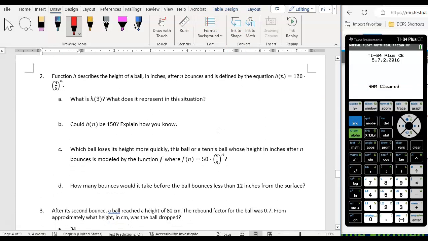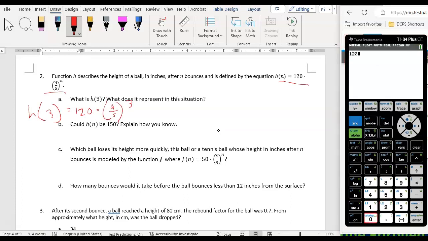All right. Function h describes the height of the ball in inches after n bounces and is defined by this equation. What is h of 3 and what does it represent in this situation? So if we were to plug 3 in here, we would have 120 times 4/5 to the power of 3. So let's go ahead and do 120 times 4/5 to the power of 3.